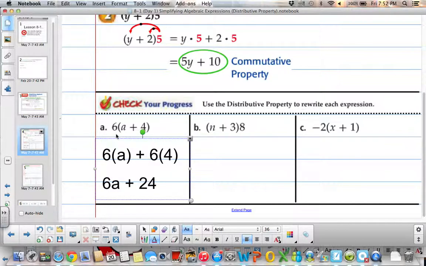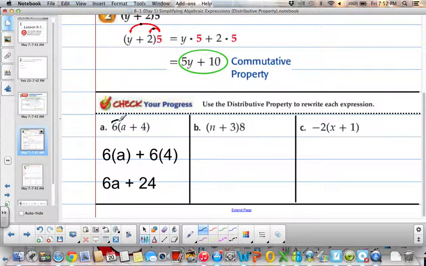Remember, the biggest mistake is to forget to multiply with the second number in the parentheses. I would see 6a plus 4 a lot, but remember you always have to distribute that 6 out to both. So if it helps you to draw your arrows before you do it, that could help you too.